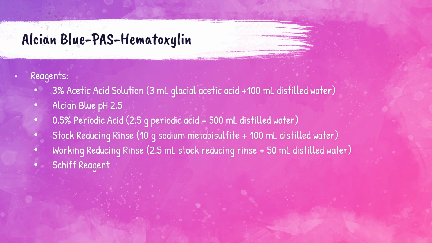A stock reducing rinse, which is prepared by combining 10 grams of sodium metabisulfite with 100 milliliters of distilled water. A working reducing rinse, which is prepared by combining 2.5 milliliters of stock reducing rinse with 50 mils of distilled water. And then lastly, Schiff reagent is required for this stain.